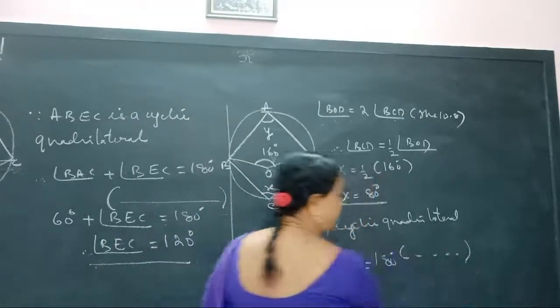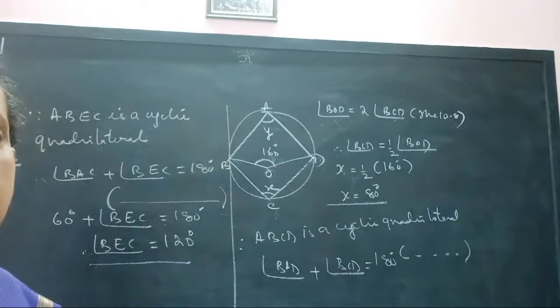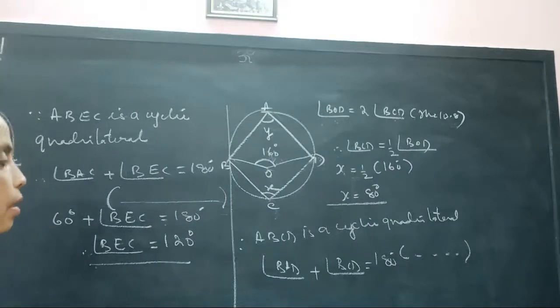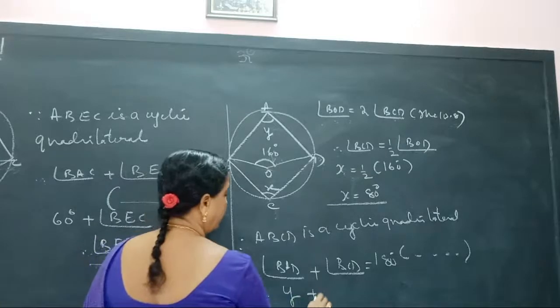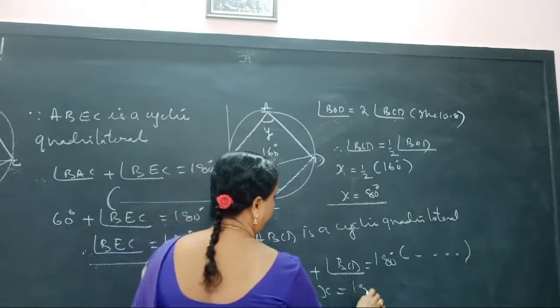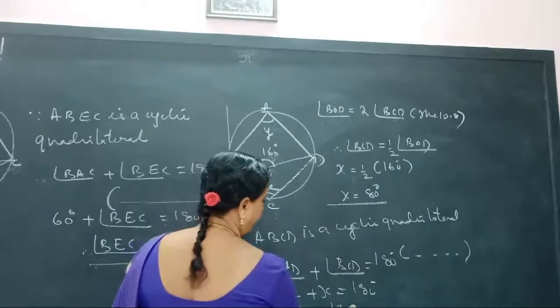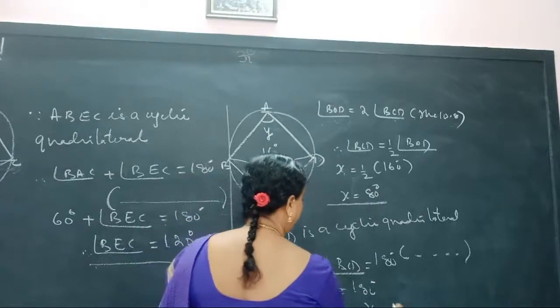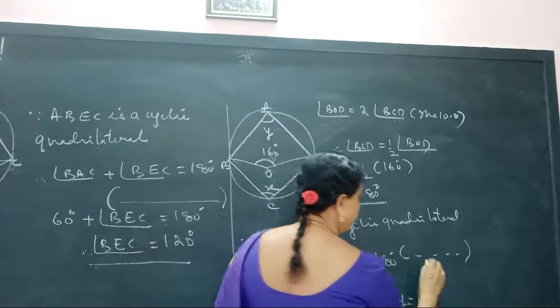Write the reason: sum of the opposite angles of a cyclic quadrilateral is supplementary. Therefore, y plus x equals 180 degrees, y equals 180 degrees minus x, therefore y equals 100 degrees.